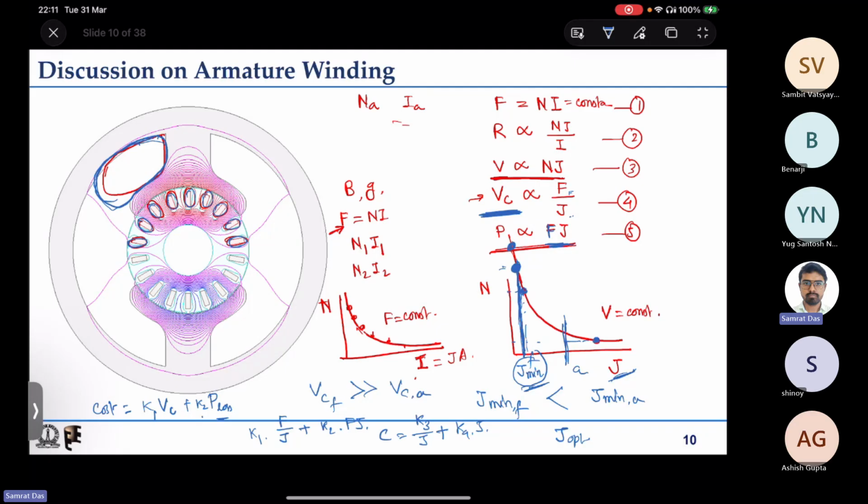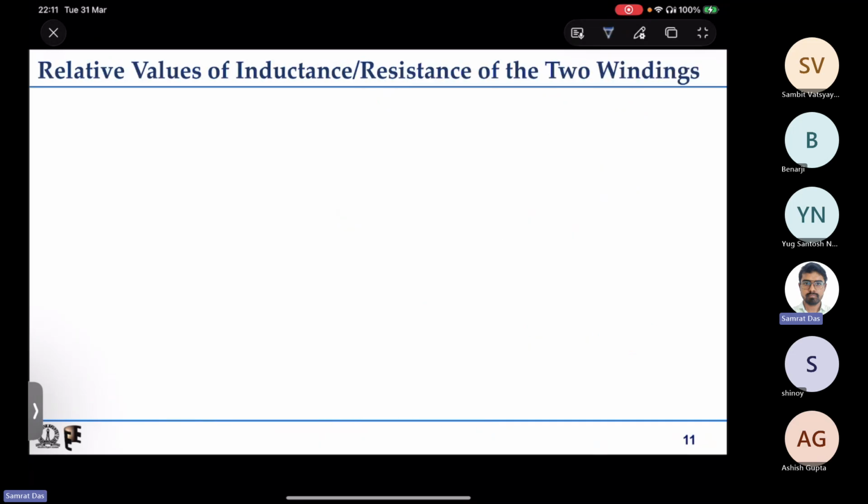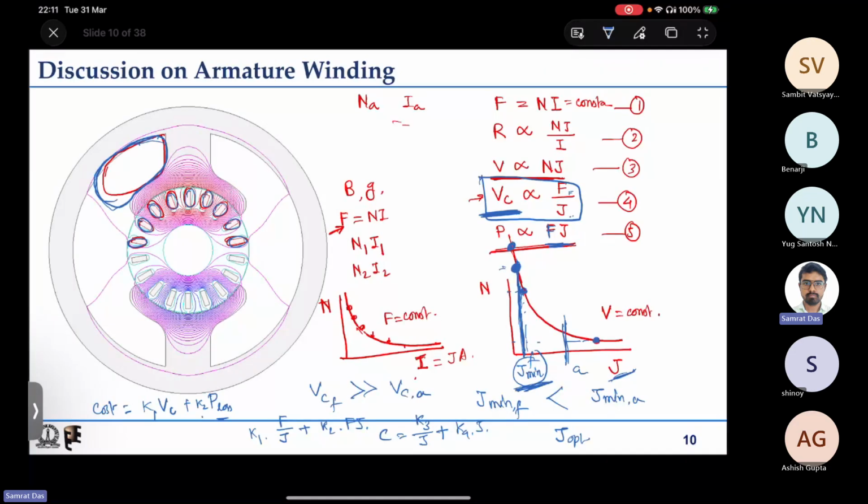The only thing is, this J optimum has to be higher than the J minimum that is defined by the volume limitation that we have.